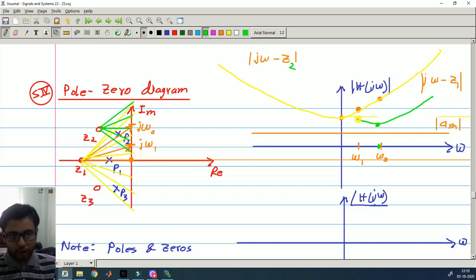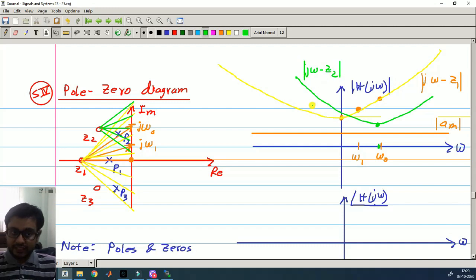So this is the plot for j omega minus Z2. In this way you have to plot these terms for Z1, Z2, Zm, all of them, and then multiply them together.